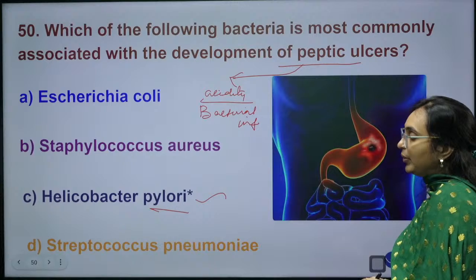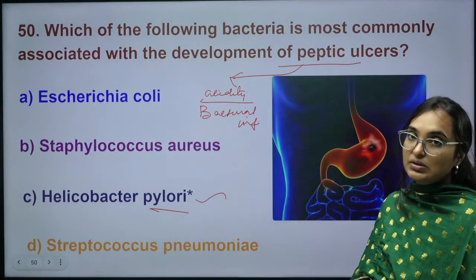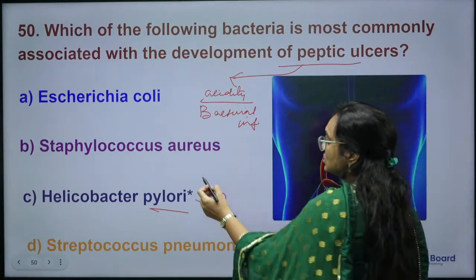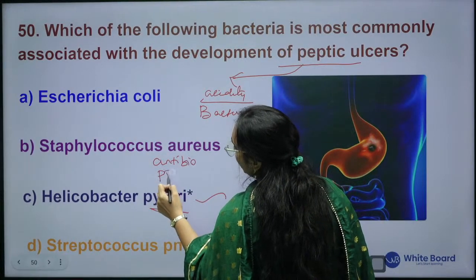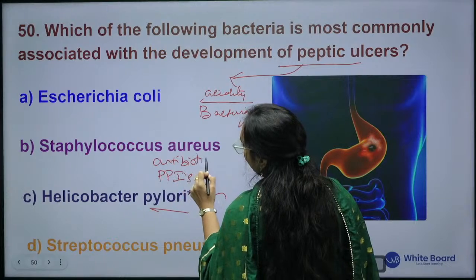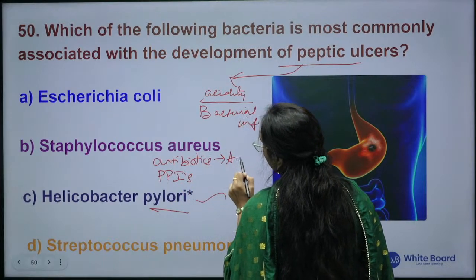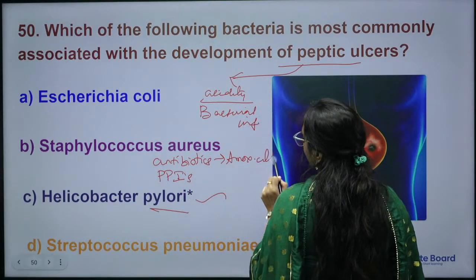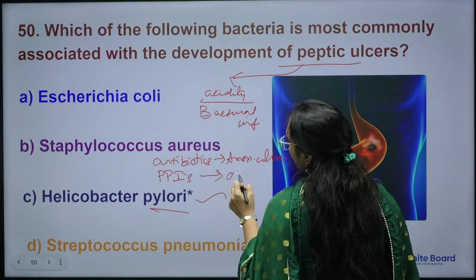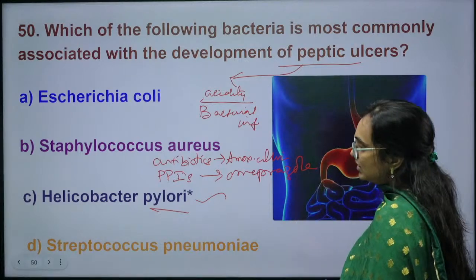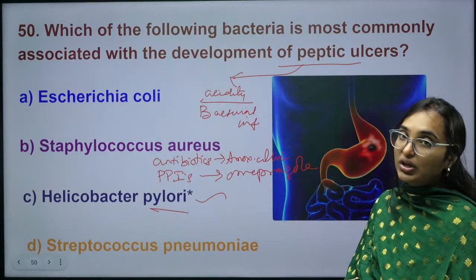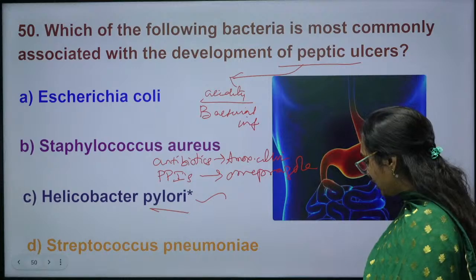Helicobacter pylori infection causes peptic ulcers, and the treatment is using antibiotics and proton pump inhibitors, antibiotics like amoxicillin and proton pump inhibitors like omeprazole. Therefore, the answer here is C. Helicobacter pylori is responsible for causing peptic ulcers.